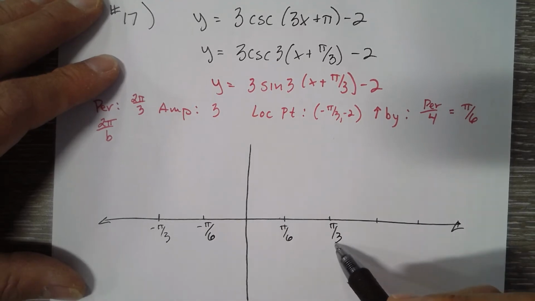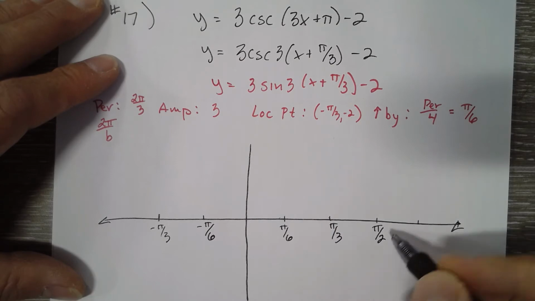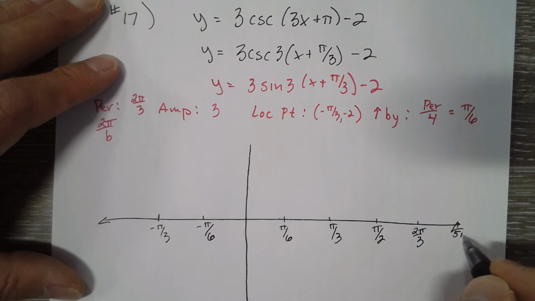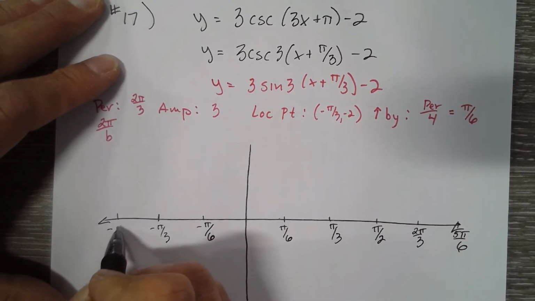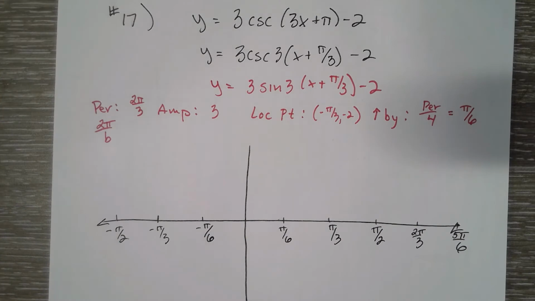So that's 2 pi over 6, plus another pi over 6 is 3 pi over 6, which is pi over 2. 3 pi over 6 plus a pi over 6 is 4 pi over 6, which is 2 pi over 3. 4 pi over 6 plus a pi over 6 is 5 pi over 6. And we can go backwards too. Alright, maybe that's enough.